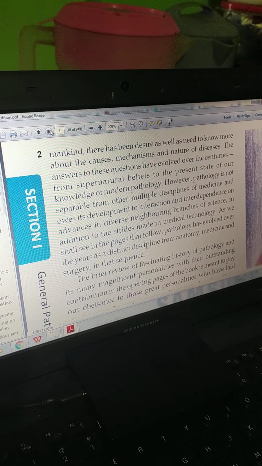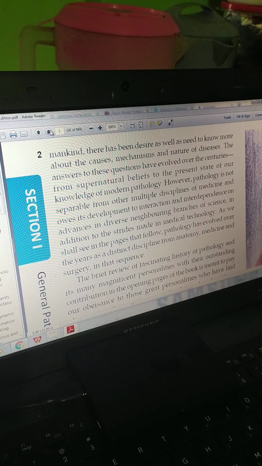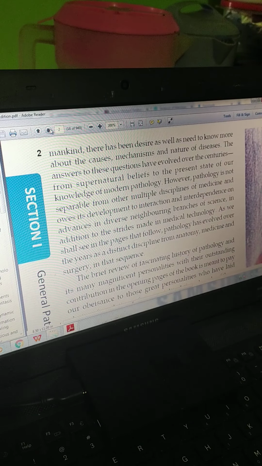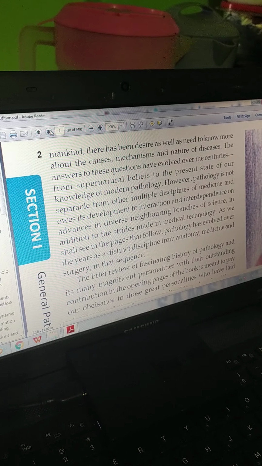The answers to the questions have evolved over the centuries, from supernatural beliefs to the present state of our knowledge of modern pathology.